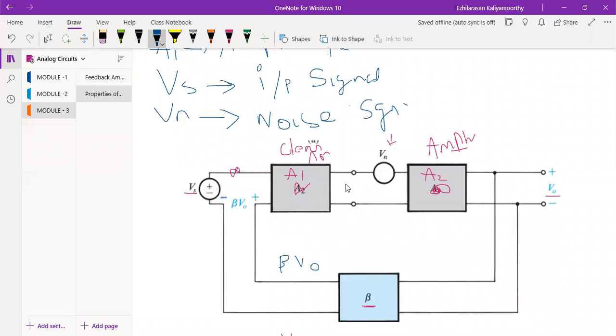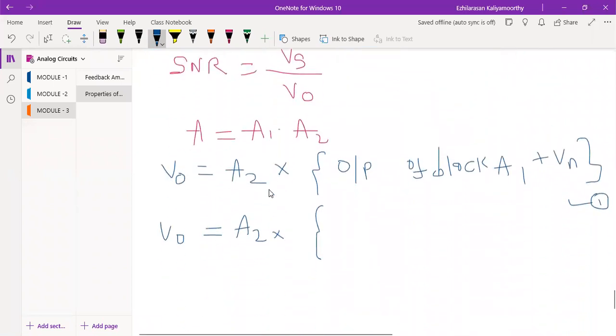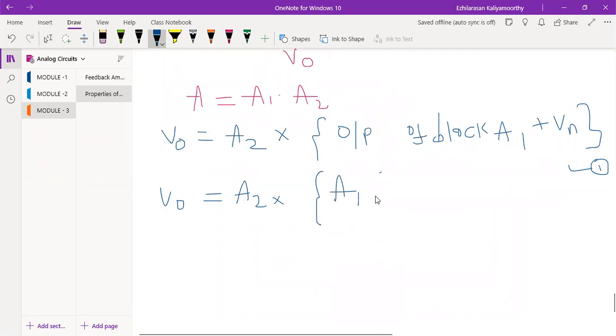So the output will be A1 into Vs minus beta into V0, because in this portion I will have Vs minus beta V0. So now you write V0 equals A2 into A1 times Vs minus beta V0, plus Vn. This is equation number 2.